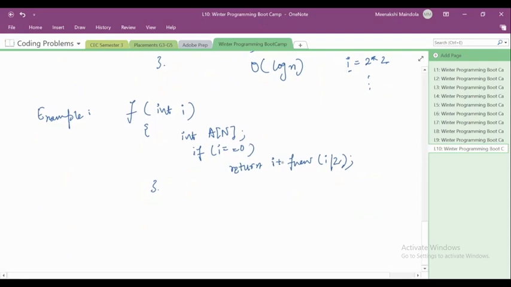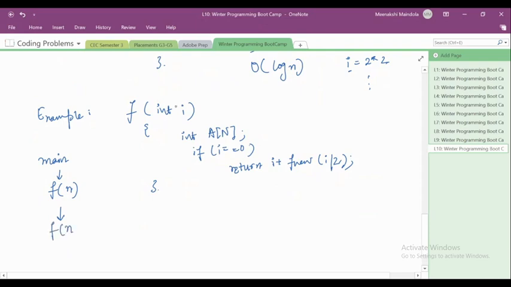What will happen here is, from the main function, whenever you call this particular function f with the value n, it is going to first declare an array and then check if I is equal to 0, and then it is going to call f of I by 2.